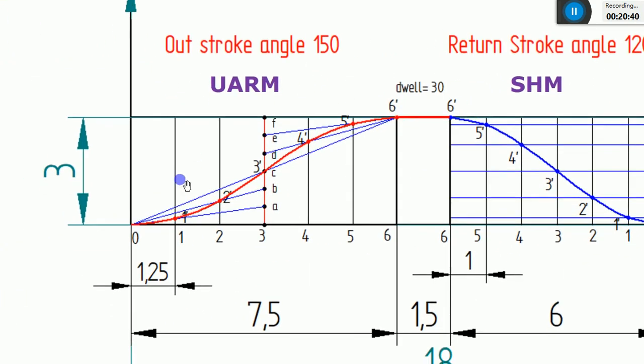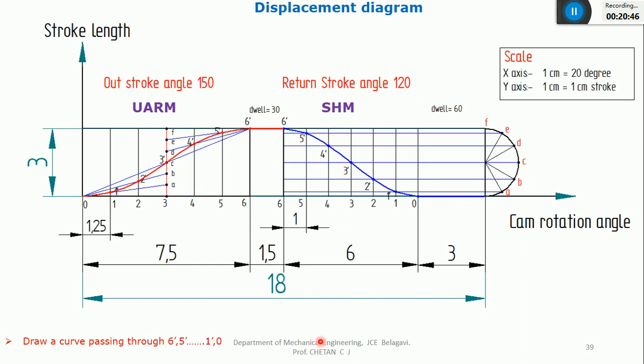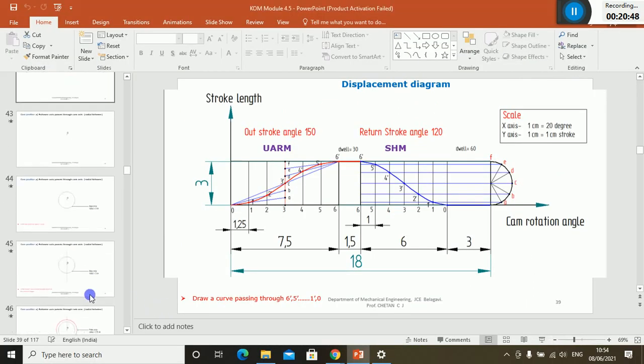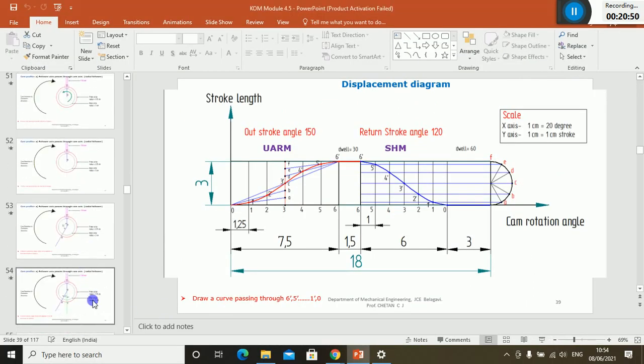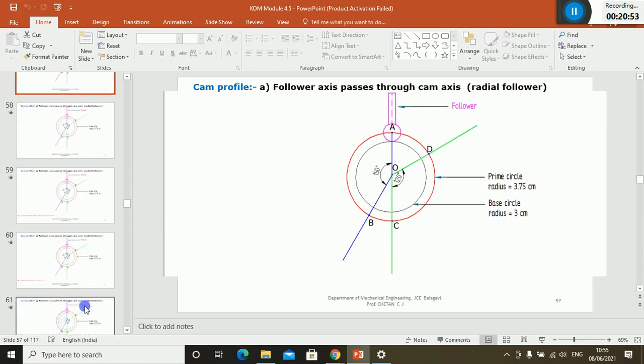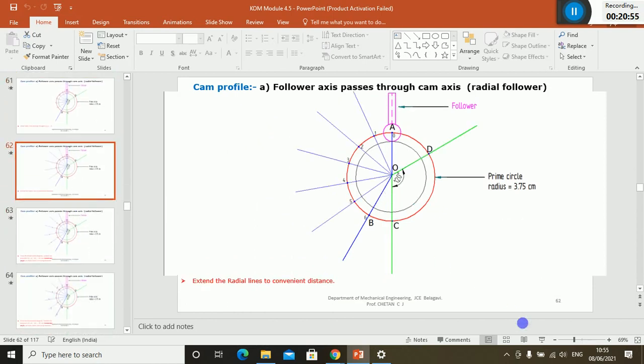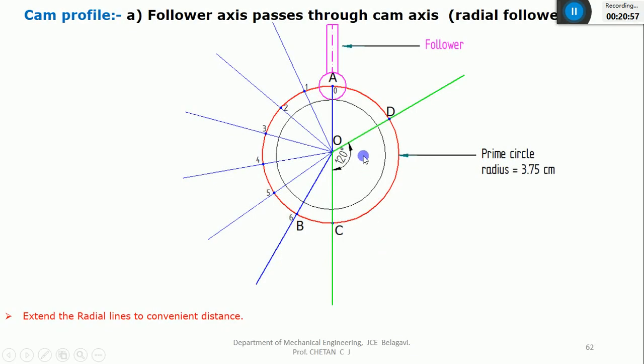Now, using the compass, I'll copy all these 6 vertical distances one by one, and I'll go to the cam profile. I'll take the reference first as 0.1, and I'll draw one arc here.